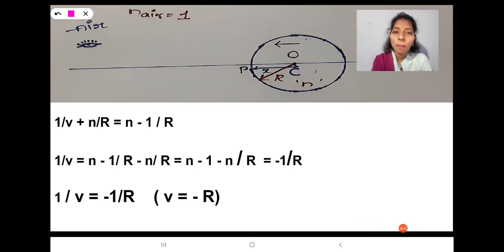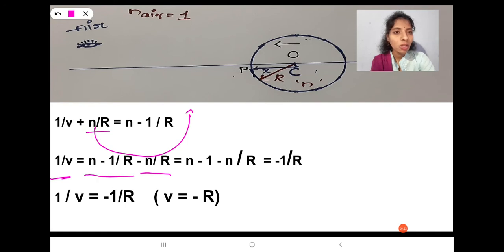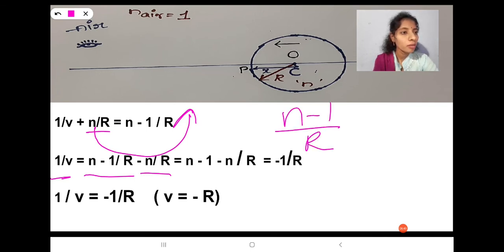So here 1 by v equals 1 minus n by r minus n by r. Yes, this n by r is taken to this side, so it gets a minus, because here we are finding the image distance.